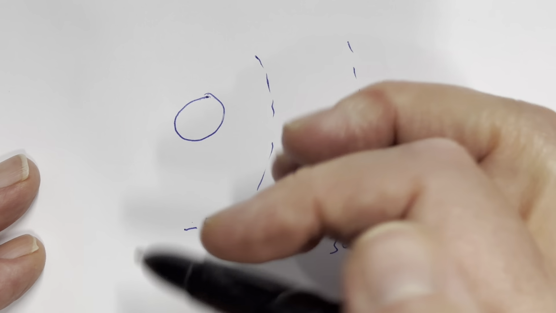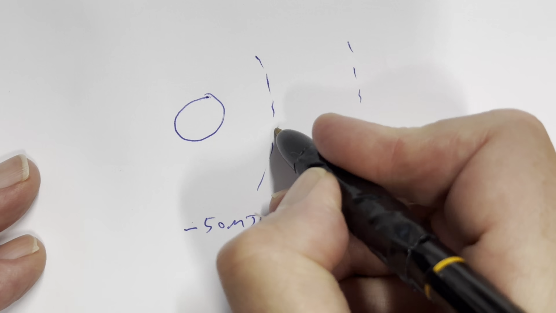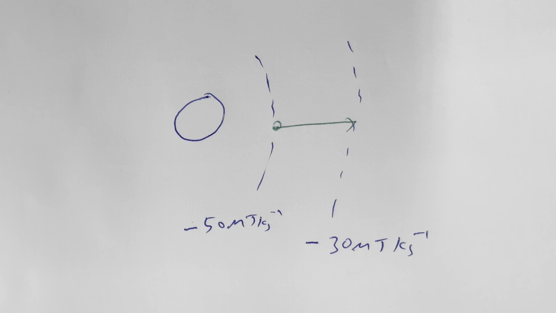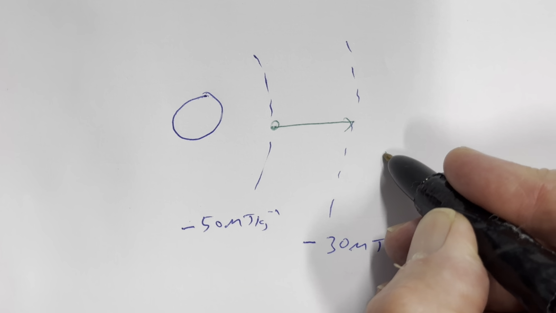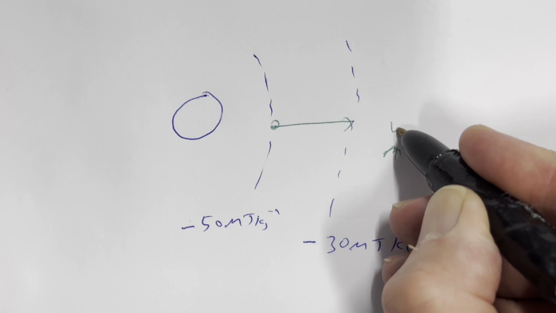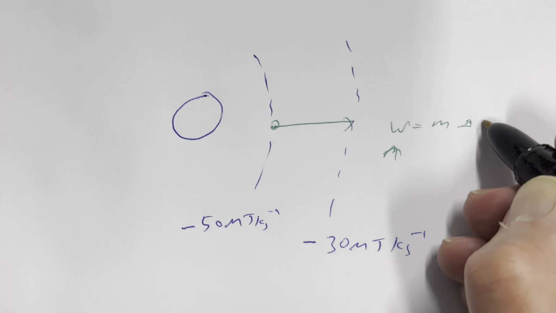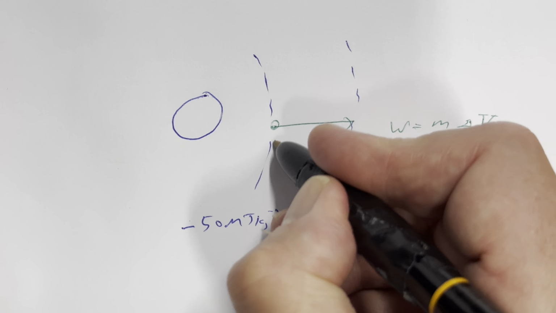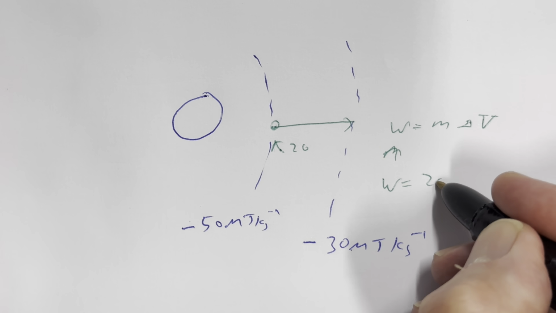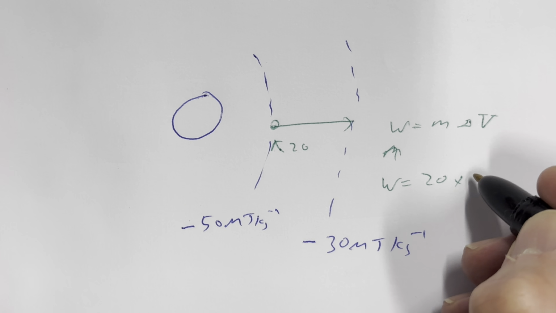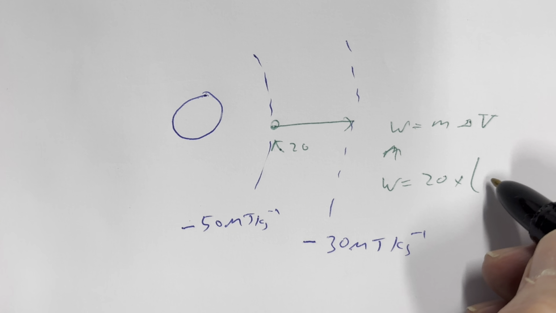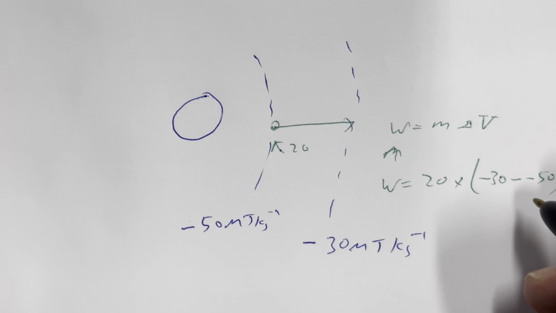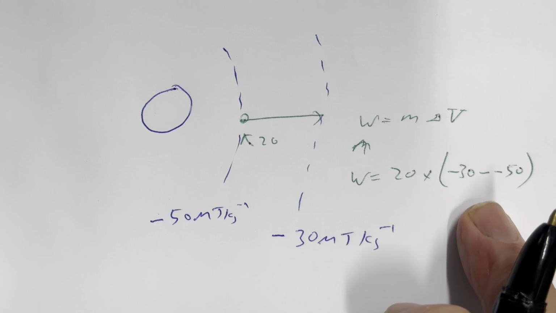If we want to know how much energy is needed to move an object from here to here, then work done is m delta V, and doing it strictly with the signs, let's say this is a 20 kilogram object, and the change of potential is always final minus initial, so it's minus 30 minus minus 50, which is 20.